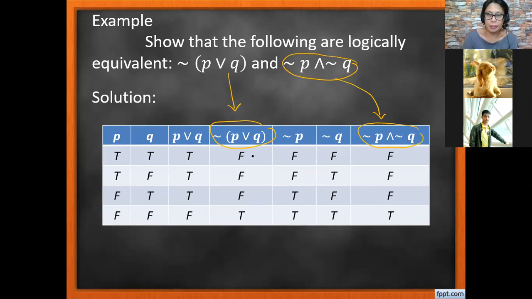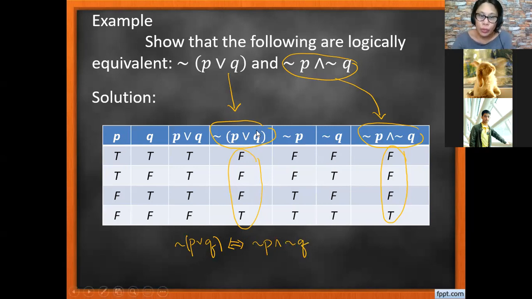If they have the same truth value, then they are logically equivalent. I will explain why we come up with that table. We can say that the two are logically equivalent if they have the same truth value.